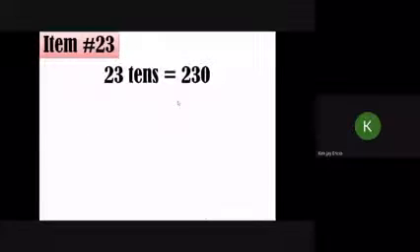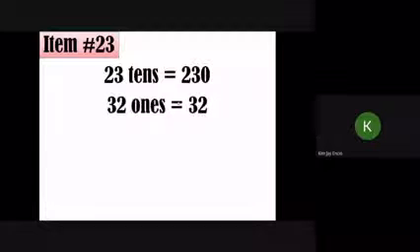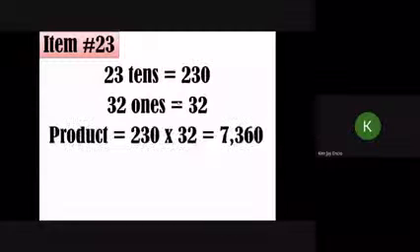Now, 23 tens is equal to 230 because of 23 times 10. 32 ones means 32 times 1, which is 32. And speaking of product, it implies multiplication. So 230 times 32 is 7,360. But is this our final answer?